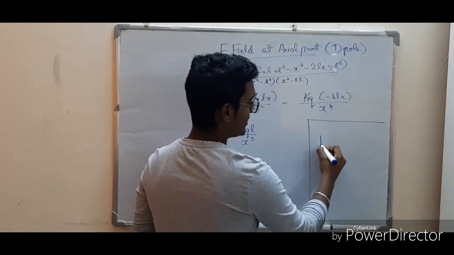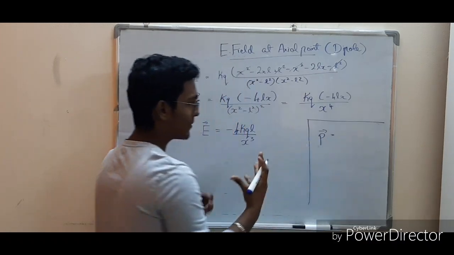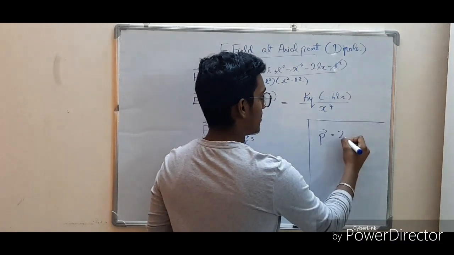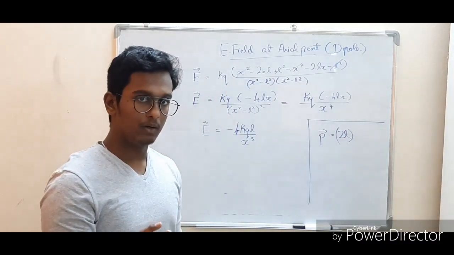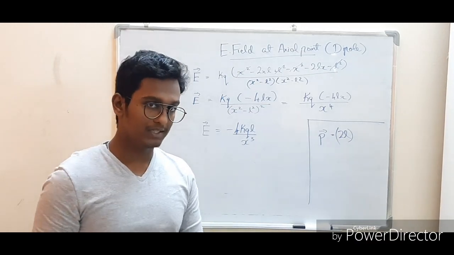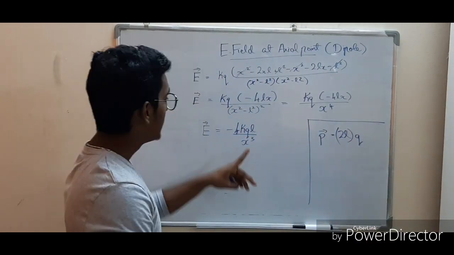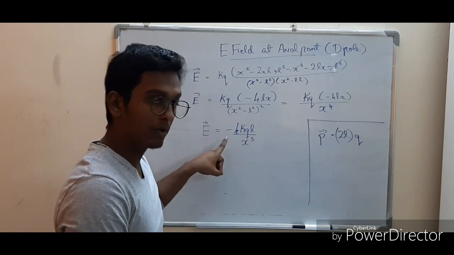So dipole moment, represented by P, is the distance separating the two charges, which in this case is 2L, multiplied by the charge possessed on any one of the charges, because the magnitude is going to be the same. So its dipole moment is 2Lq.